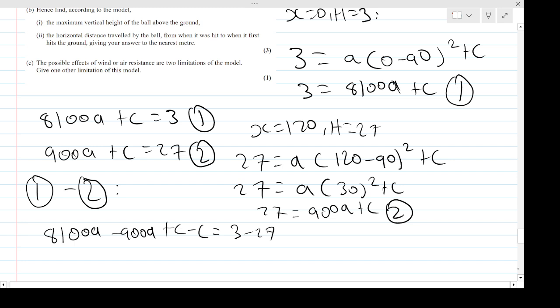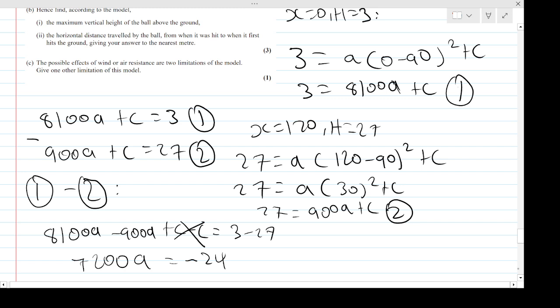So 8,100a take away 900a is 7,200a, and then c take away c goes away, which is what we wanted. So essentially, we're taking them away. I didn't need to write this, but anyway, that's 3 take away 27, which is take away 24.